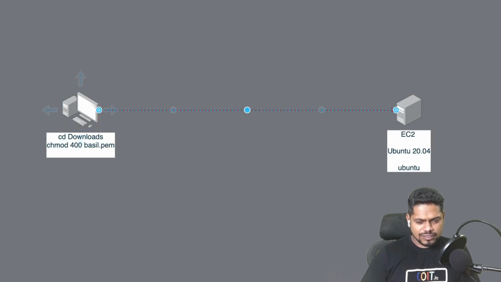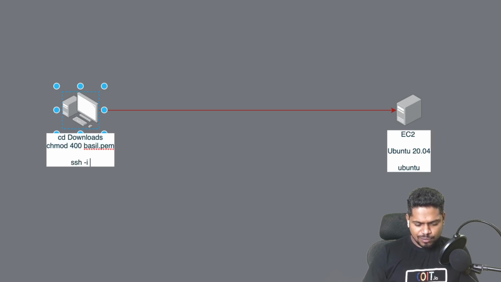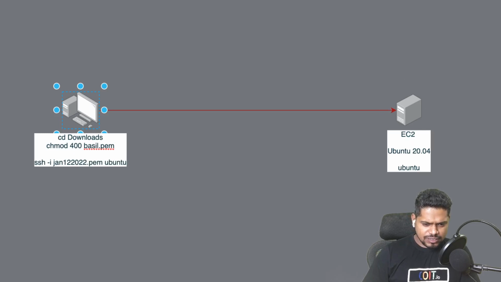You executed this SSH command. The command was SSH -i, and in my case the key name was jan12 2022.pem. Ubuntu was the username on the remote machine, and that is information I can get from Google by searching what is the default username on the AWS Ubuntu service.